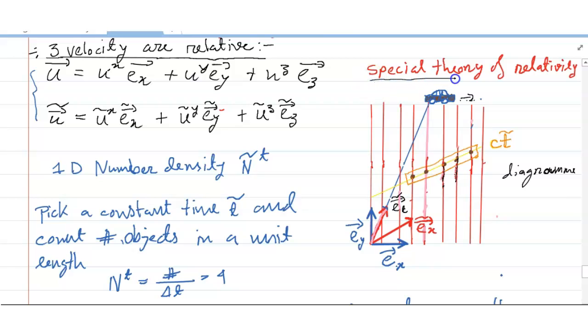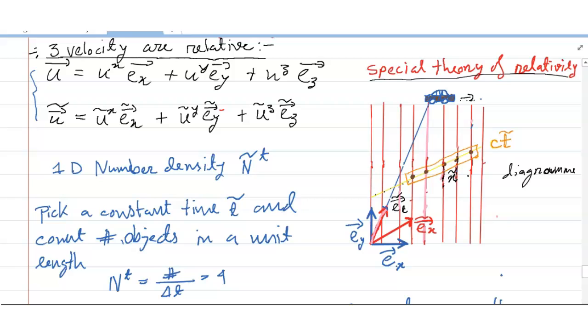In this case, you have to draw ct. So when the stationary frame measures a number density of 4, the moving frame measures the number density along a diagonal line of constant ct using a unit length x tilde, which results in a higher number density of around 5. 1, 2, 3, 4, 5. This is x tilde.